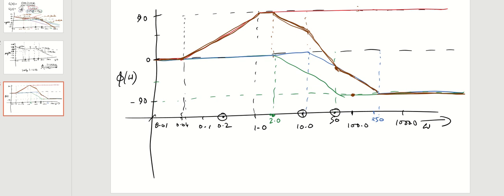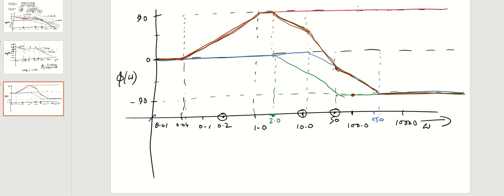But here at this point, there's a further addition to the slope, which results in the fact that at this point, which also happens to be 5 times 10 and also a corner frequency, this and this coincide. So at this point the red one and the green one are balanced by each other.